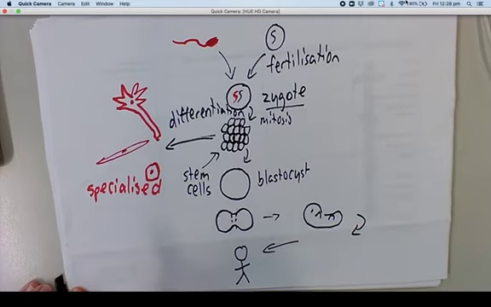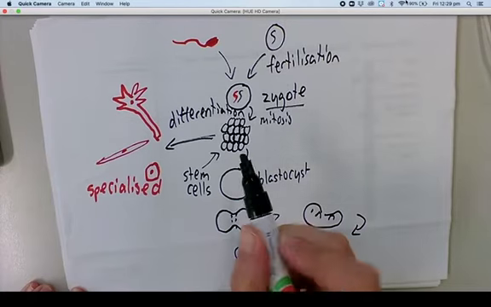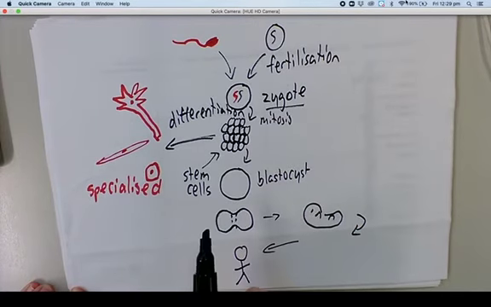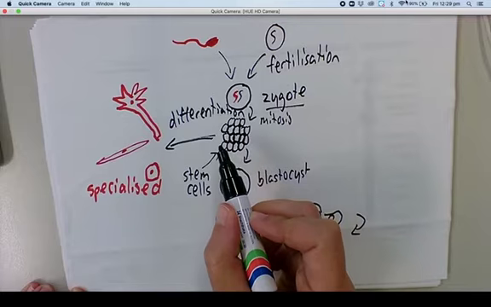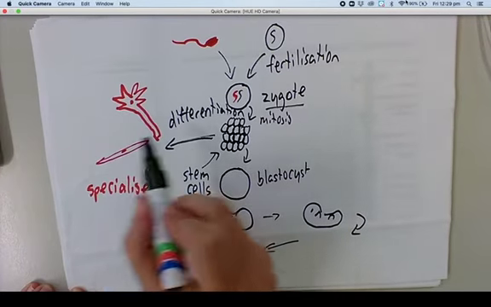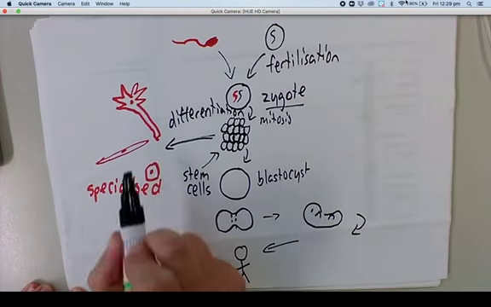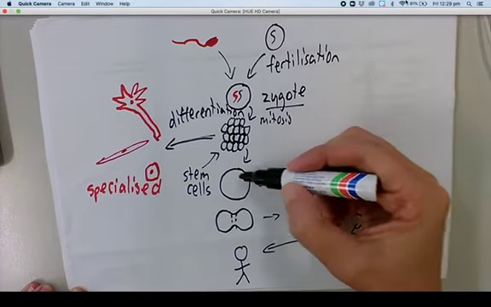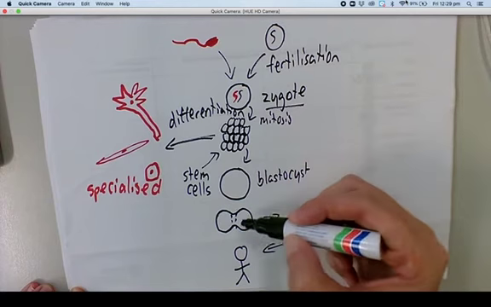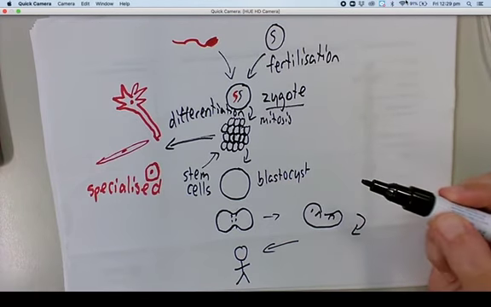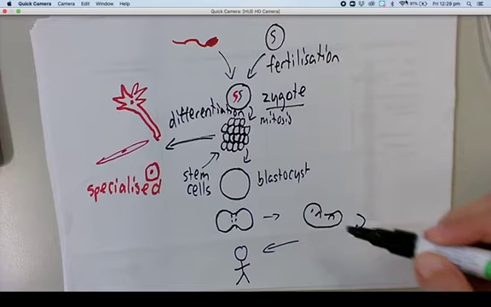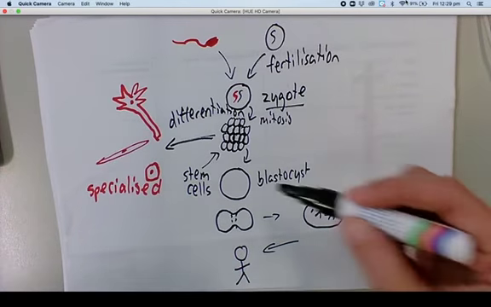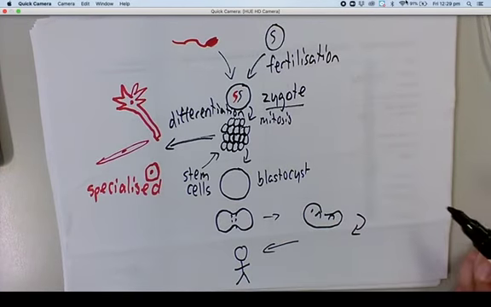And there's a couple of different types of stem cells that you'll learn about in your reading today, but they're like the original cells, and they have to undergo this process in order to become the cells that all our bodies need. And they'll migrate to different places within these growing structures. And as they migrate to those different places, they'll undergo these processes of specialisation.